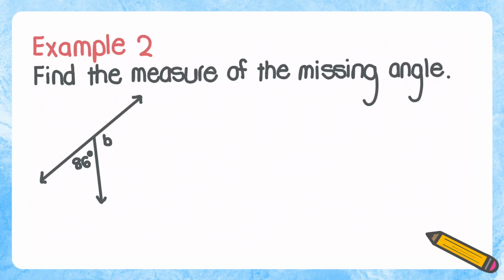Let's look at another example. We are going to find the measure of the missing angle. For this problem, the missing angle is this angle right here, the angle B. Notice that this missing angle and the 86 degrees are supplementary. So B plus 86 degrees equals 180 degrees.